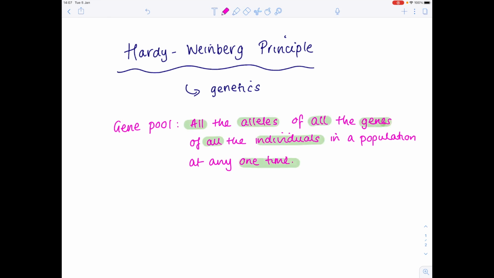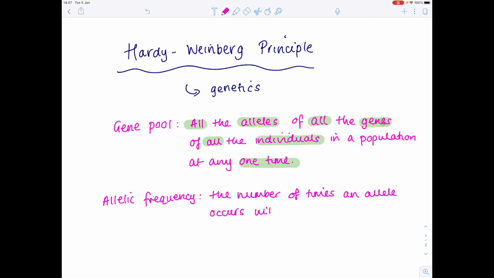The allelic frequency now is the number of times an allele occurs within the gene pool. And as always, it's so much easier to understand what these definitions mean if we look at a particular case study.